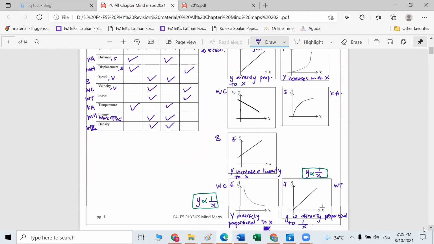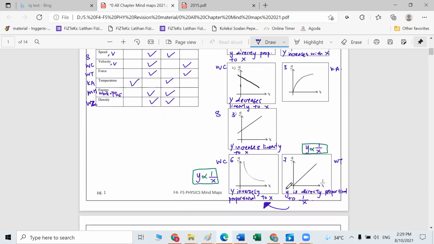Okay. Yeah, so this one is y decreases linearly with x. Wei Dong cannot be lazy, y and 1 over x. You must write in front and back.